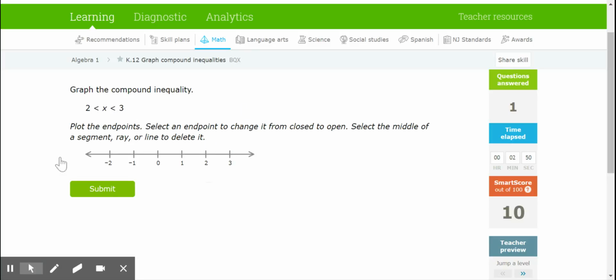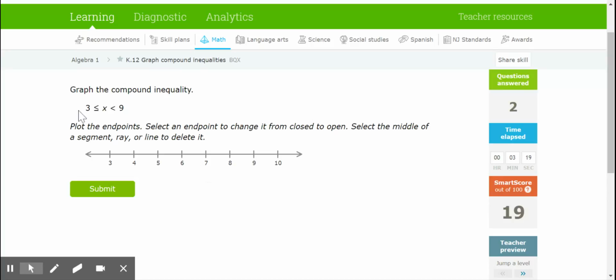So from 3 and a line in that direction forever. You'd have an overlap from 2 to 3. It's basically saying x is any value between 2 and 3, but not including 2 and not including 3 because we don't have the equal to. So here we have our conjunction because this is an implied and statement. It's connected from 2 to 3.